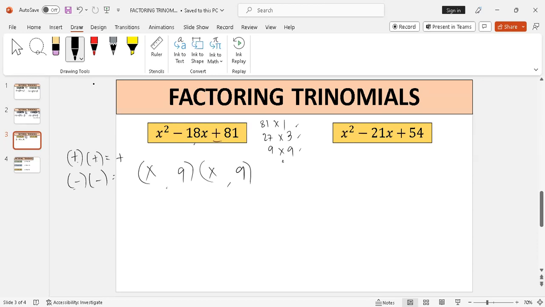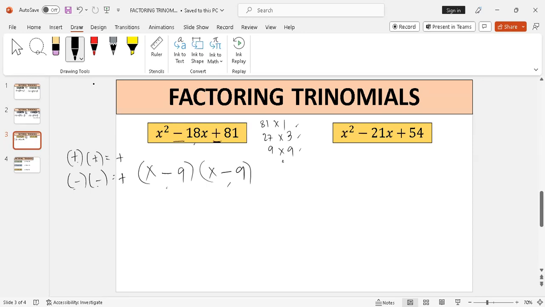Also, negative times negative is positive. So again, kapag positive yung last term, pwedeng parehas na factors ay positive or parehas na factors ay negative. Pero since yung middle term natin ay negative, ibig sabihin parehas na factors ay negative.